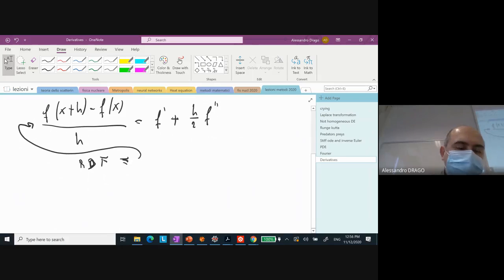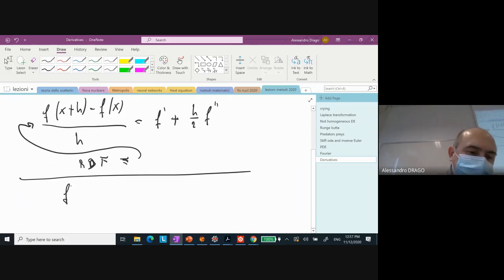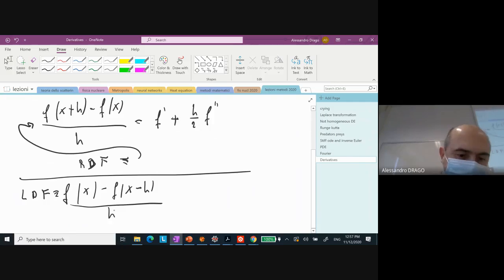And as you can imagine, exactly the same works if I compute what I call the left derivative of f as f of x minus f of x minus h, divided by h.